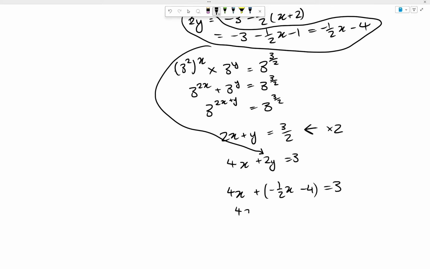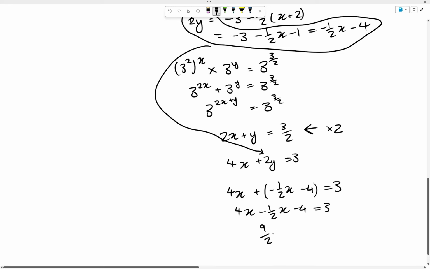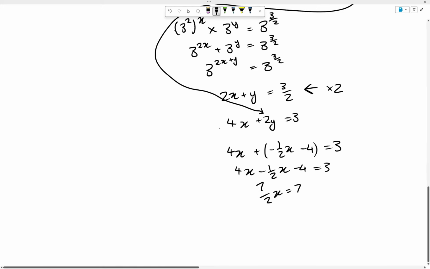And therefore 4x minus a half x minus 4 is equal to 3. And then 7 over 2 x is equal to 7. Not 9 over 2, 7 over 2. And therefore x is equal to 2.